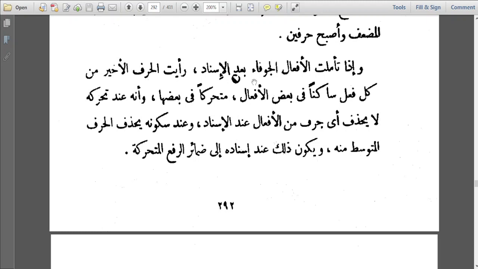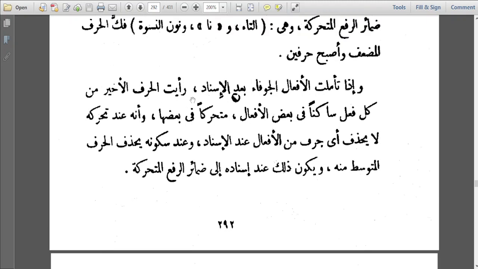Then it says: وَإِذَا تَأَمَّلْتَ الْأَفْعَالَ الْجَوْفَاء. Now when you look at the أفعال الجوفاء after it has been linked with the ضمير الرفع, رأيت الحرف الأخير من كل فعل ساكنا في بعض الأفعال. When the fi'l al-ajwaf also has this isnad done, and it is put together with the ضمير الرفع, you realize that sometimes the fi'l ends with sukun, sakinan fi ba'd al-af'al, mutaharrikan fi ba'daha, just like the ones we saw before.